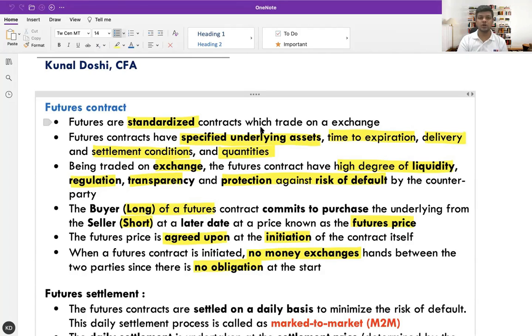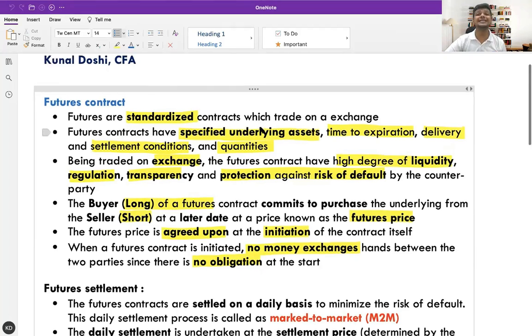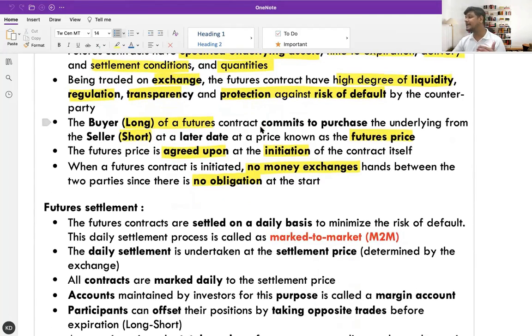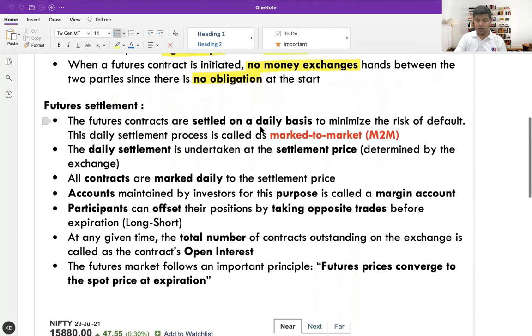And that amount is compared with the margin that I've collected from you. Clear? This process is called futures settlement, which happens on a daily basis. Are you getting my point? So futures contracts are settled on a daily basis.